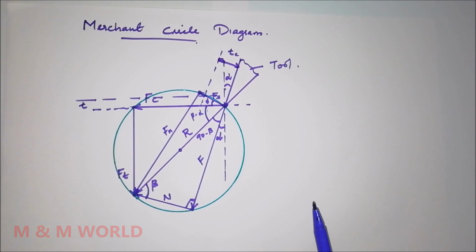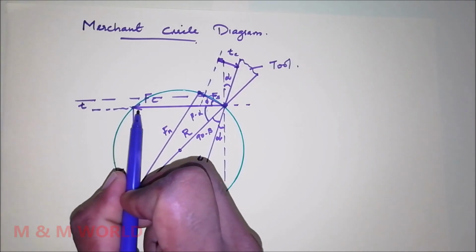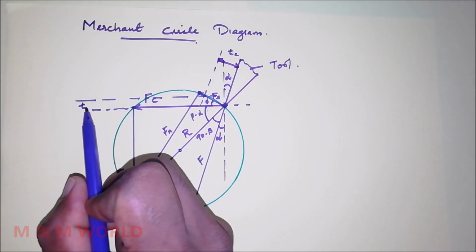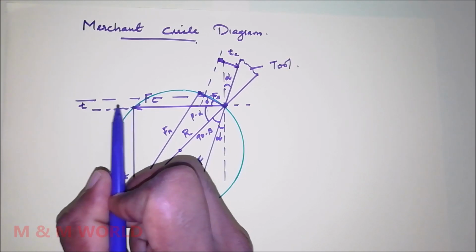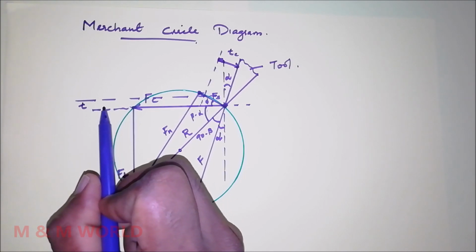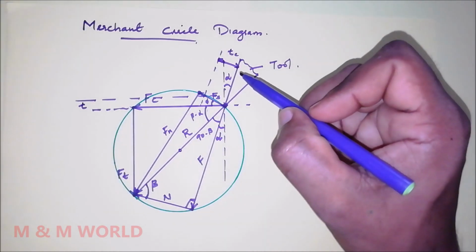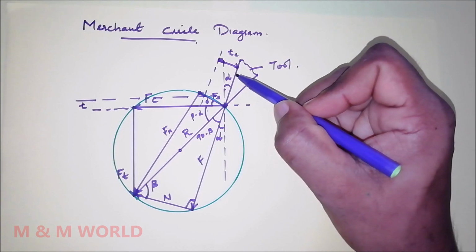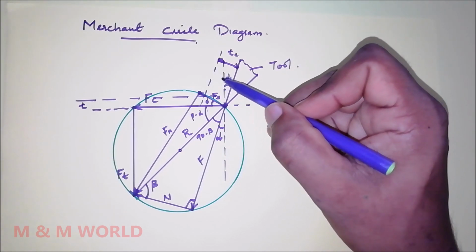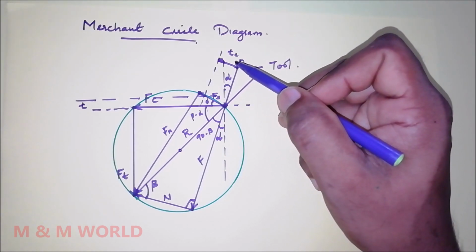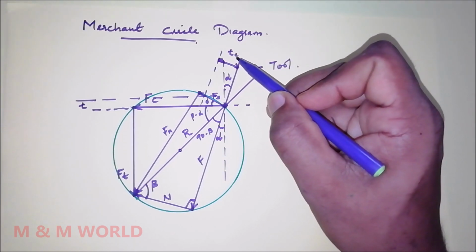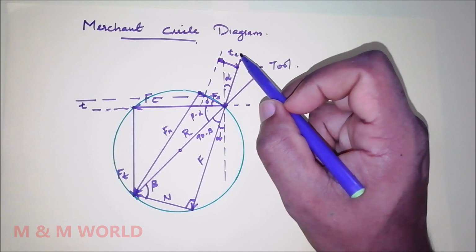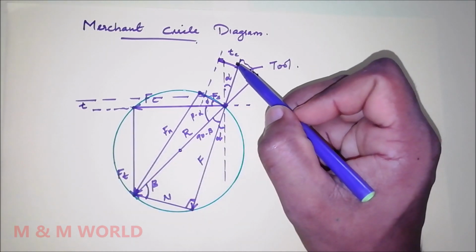So draw a line parallel to the horizontal which represents the uncut chip thickness, that is t. So this is the value of uncut chip thickness. Now draw a line parallel to the face of the tool through which the chip slides upward, and that will be the value of cut chip thickness. So we will get t and tc.